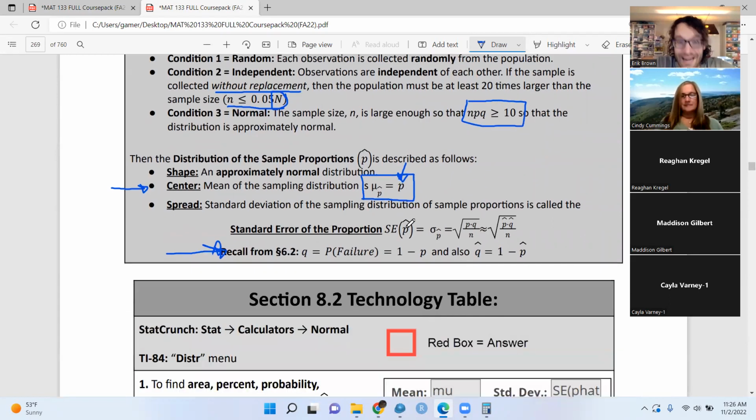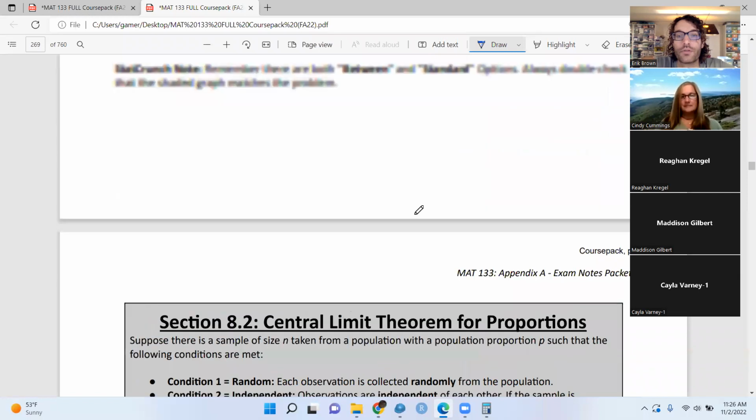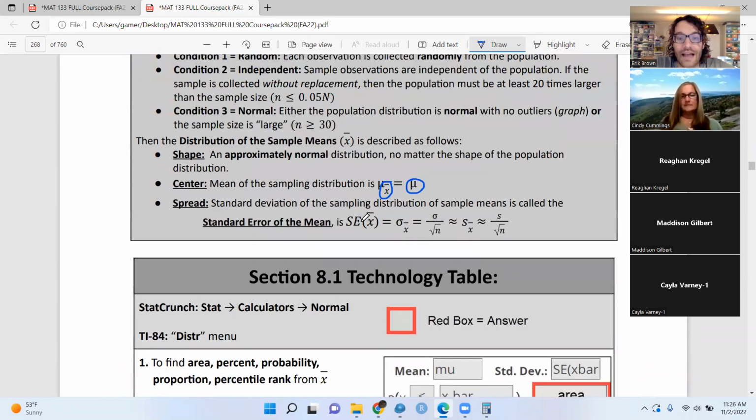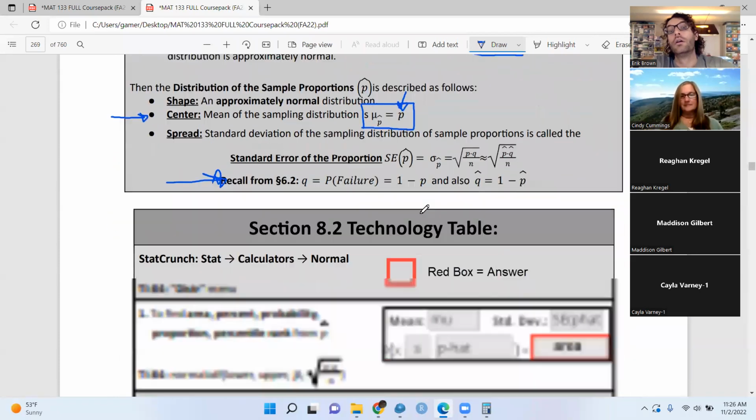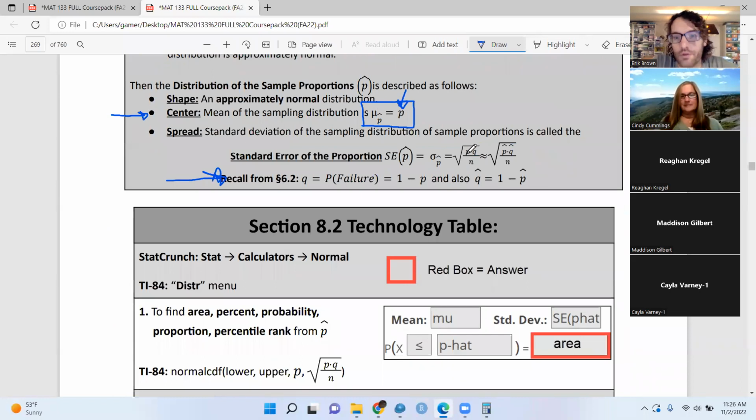But then the standard error, which is now sigma p hat as opposed to sigma x bar, is now the square root of p times q divided by n. And if we don't know the population values, we use the sample values, the p hat and the q hat, and get an approximation.